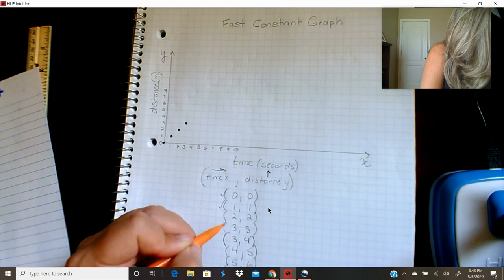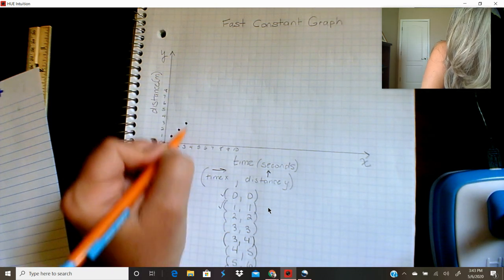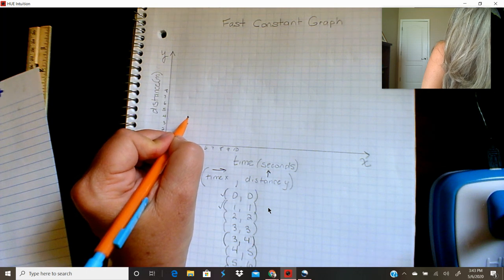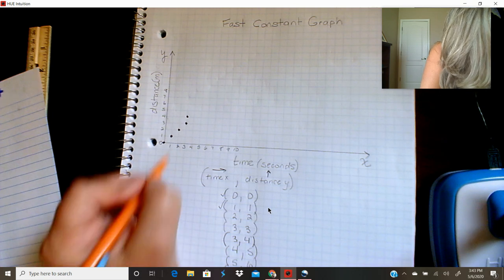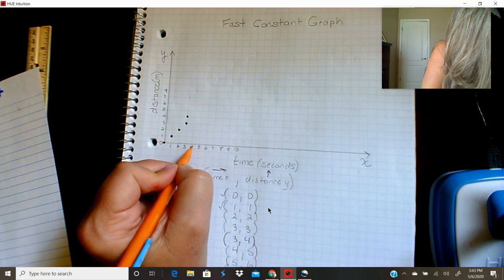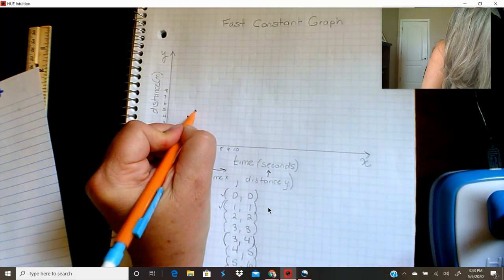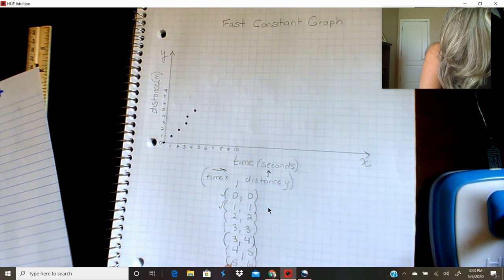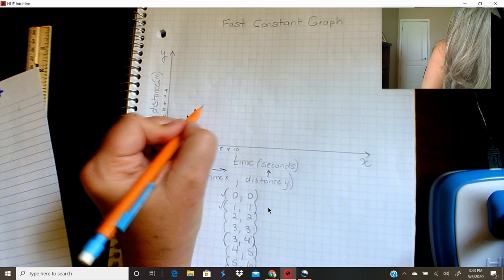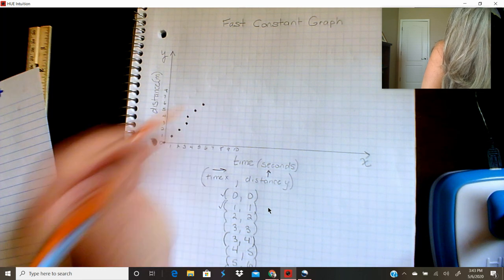Wait a minute. Oh, 3, 4. Yeah. All right, the next one is 4, 5. Over 4, up 5. So you see there was a little increase in speed right there. Over 5, up 6.